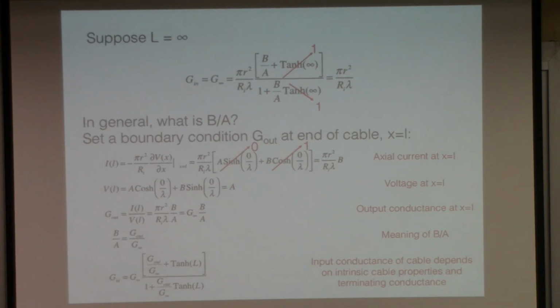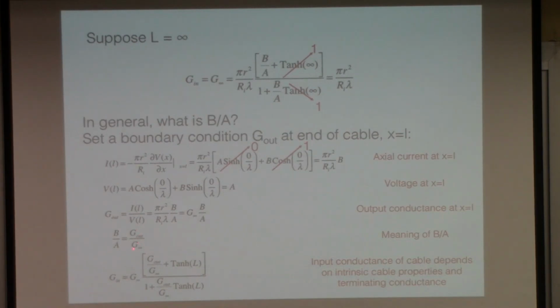So we've now got two parameters that I've explained to you, and we've got this ratio B over A. We can solve for B over A, and it's the ratio of these two parameters that I've just gone through. By definition, this is the output conductance looking out the right end of the cable. We're calling that G out.